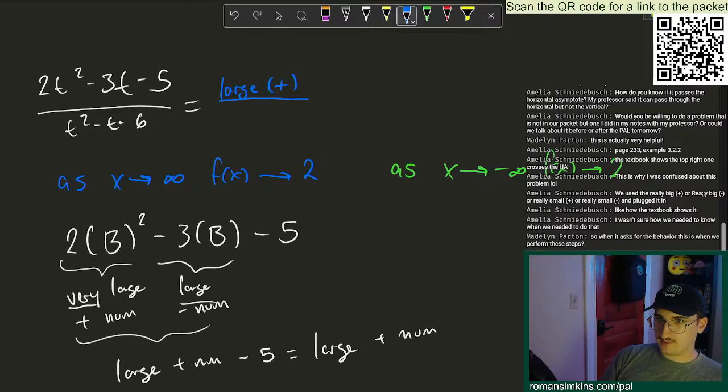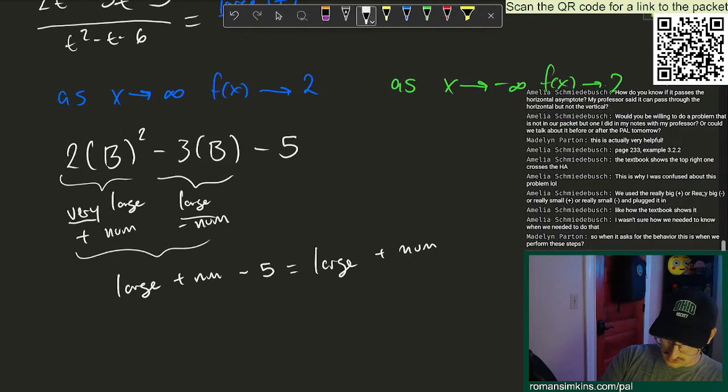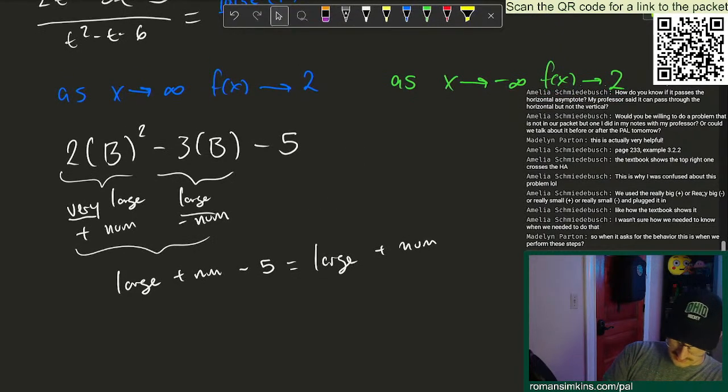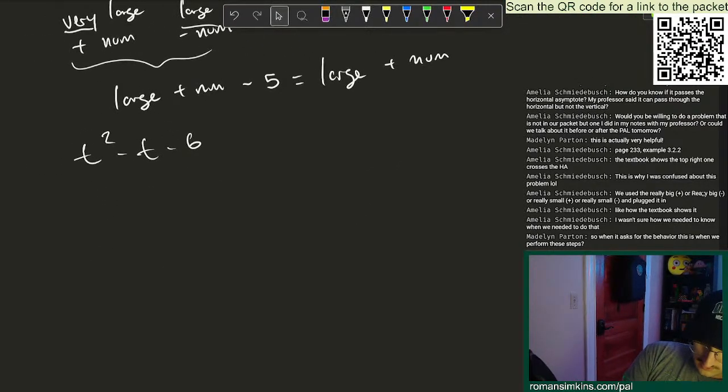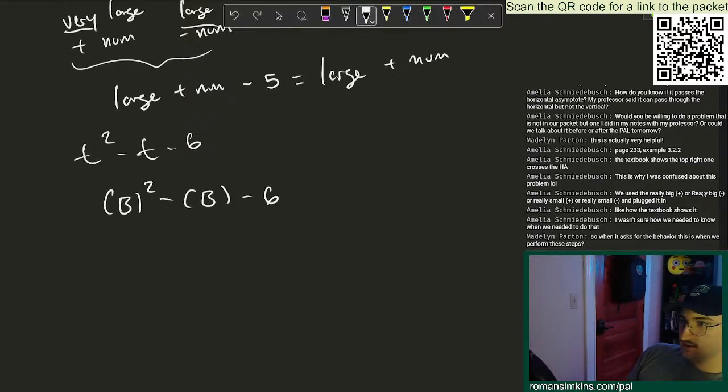We still have to do the denominator. My denominator is t squared minus t minus 6. So we get a billion squared minus a billion minus 6. A billion squared is going to be huge and positive.